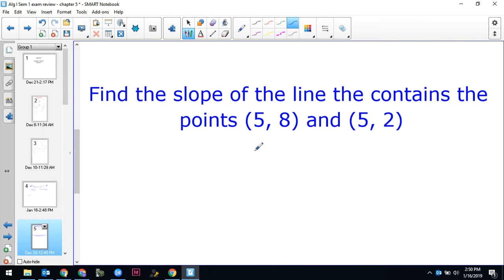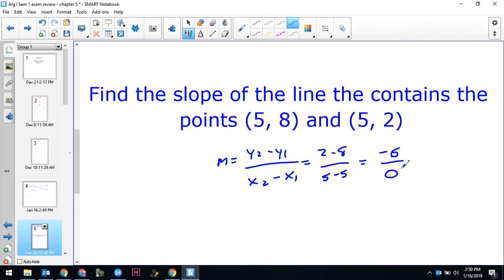Find the slope of the line that contains the points 5, 8 and 5, 2. So again, my slope formula is y2 minus y1 over x2 minus x1. So that gives me 2 minus 8 over 5 minus 5. Now, when we do this, we get -6 divided by 0. Now, what happens when we divide by 0?